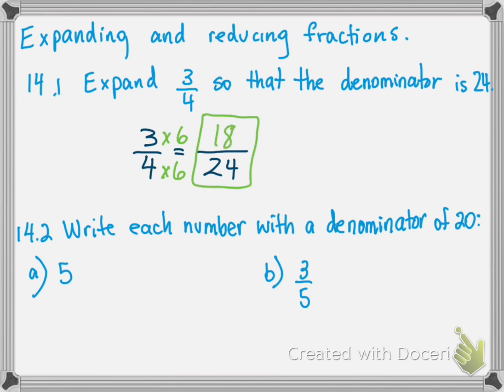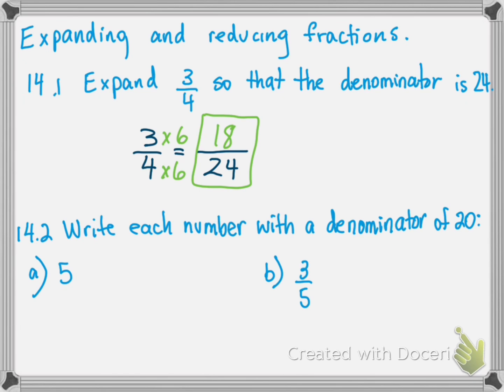Imagine you have a big pizza, and you cut the pizza in 4 pieces. And out of those 4 pieces, you eat 3. Well, if you cut the same pizza in 24 pieces, the pieces would be a lot smaller. So you would have to eat more pieces of pizza, which in this case is 18 pieces, in order to eat the same as 3/4.